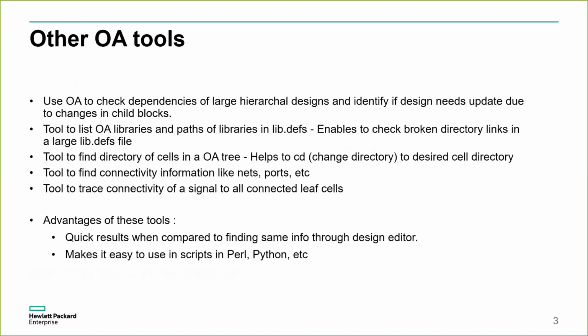So the basic advantage of this, as I mentioned earlier, is to avoid opening a design editor to get such information and to have all this information available on the command line. And the other useful thing is you can incorporate such results in your programs like Python, Perl, or whatever you're interested in.